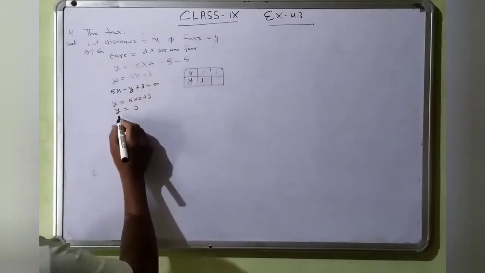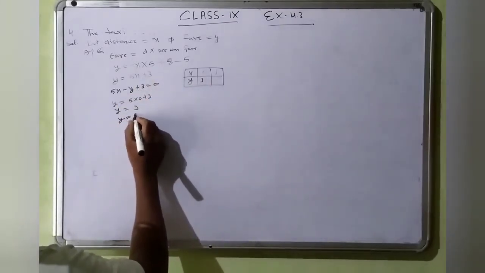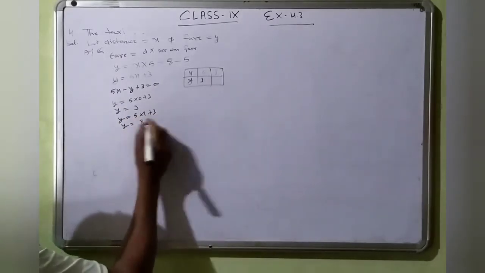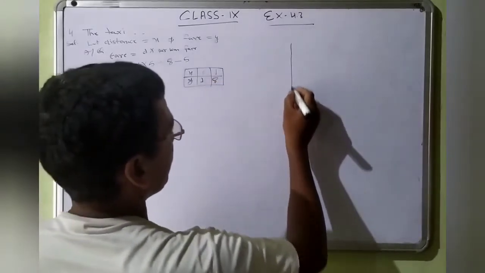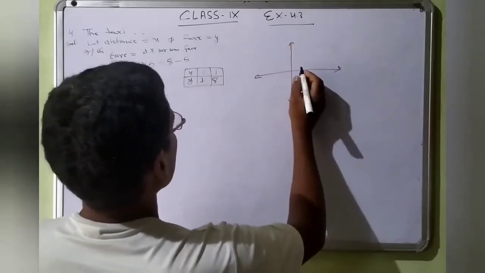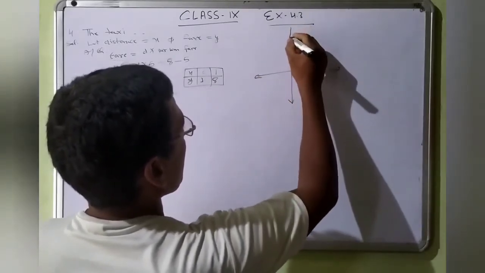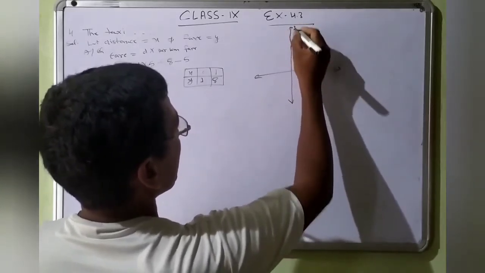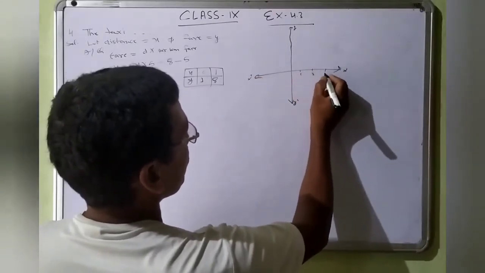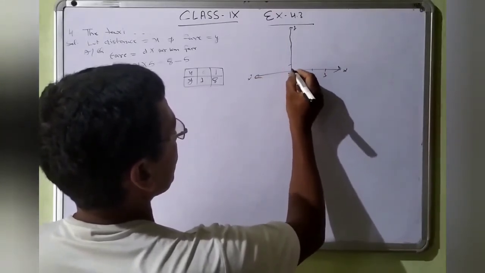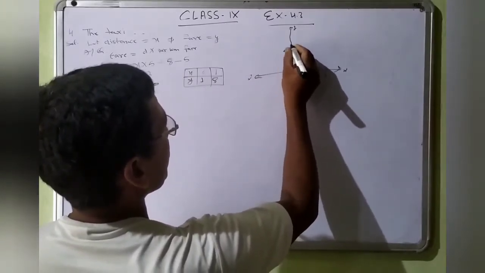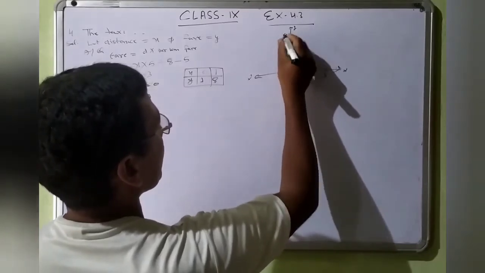Right? Like this. y is equal to 5 multiplied by 1 plus 3. So y is equal to 5 plus 3, 8. Now graph. Y axis, x axis, 1 2 3, 0, 1 2 3 4 5 6 7 8, right?